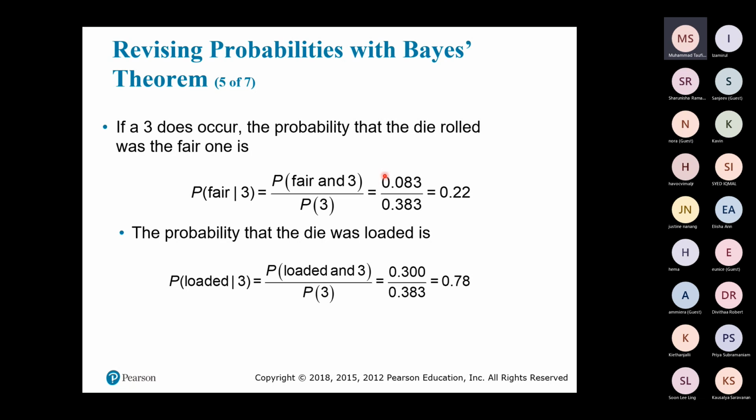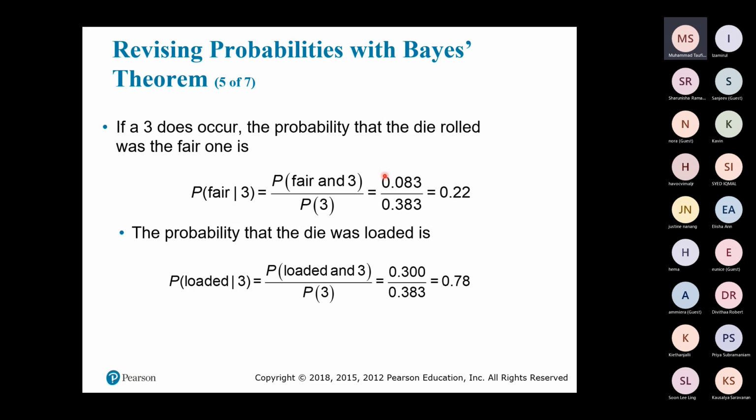Soalan seterusnya, apakah kemungkinan bila awak dapat nombor 3, dadu yang awak baling tu adalah dadu yang telah diubah suai. Kita buat benda sama. Kita bahagikan kemungkinan kita dapat nombor 3 bila kita baling dadu yang telah diubah suai, dengan kemungkinan kita dapat nombor 3 daripada balingan dadu yang normal dan dadu yang diubah suai.